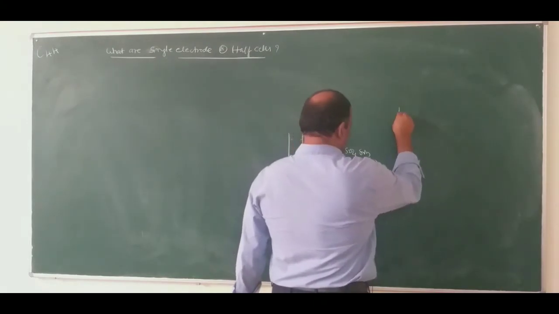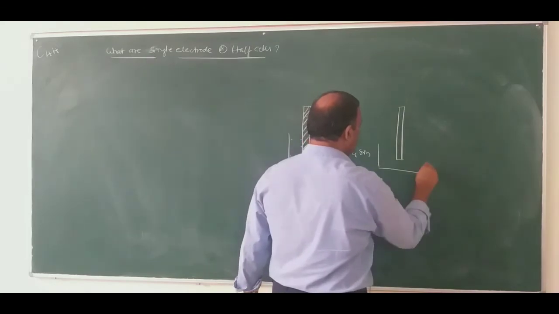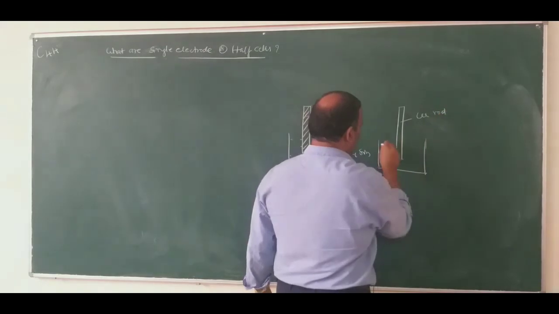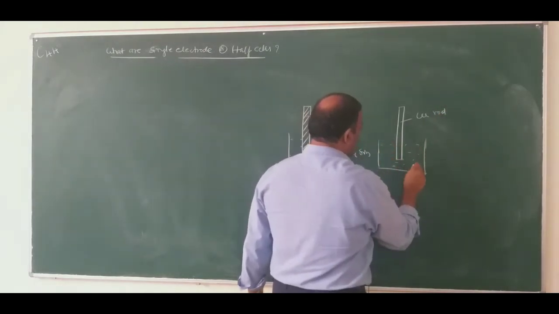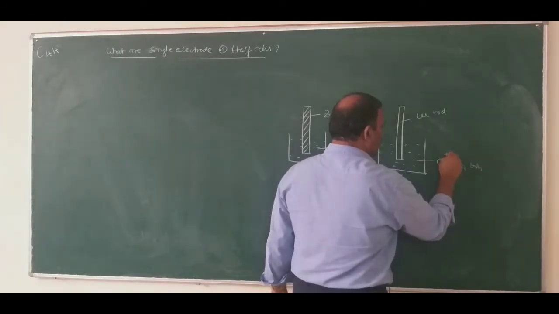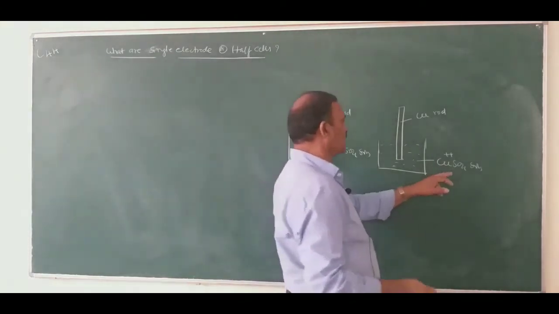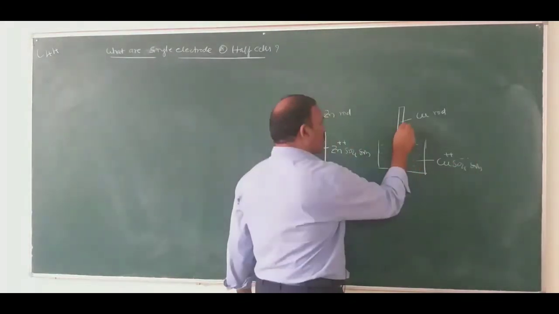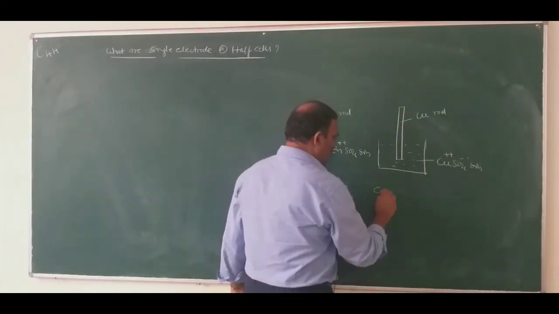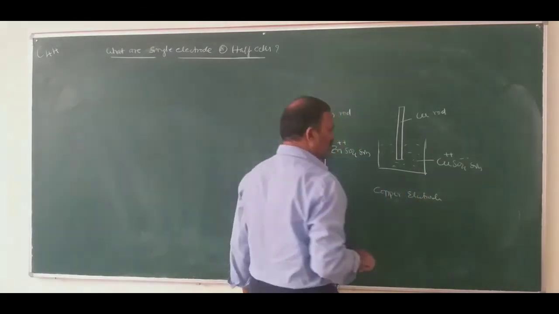Similarly, this is a copper rod dipped in copper sulfate solution. When copper sulfate is dissolved in water, it splits up into copper ions and sulfate ions. So copper is dipped in copper ions, and this electrode is called a copper electrode.